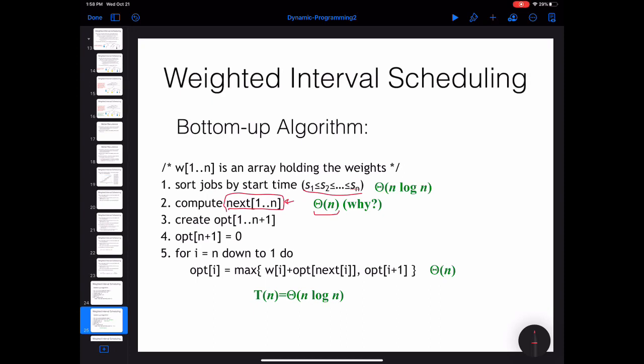After you calculate next, it's constant, and I have a loop here, and the loop is going to be O of n because the cost of each iteration is constant, right? I'm just checking 2 subproblems, this subproblem and this subproblem, and getting the max. So in total, the time complexity is going to be n log n, the cost of sorting them at the beginning.